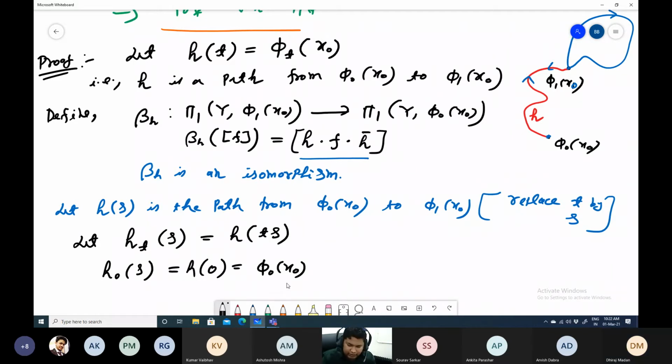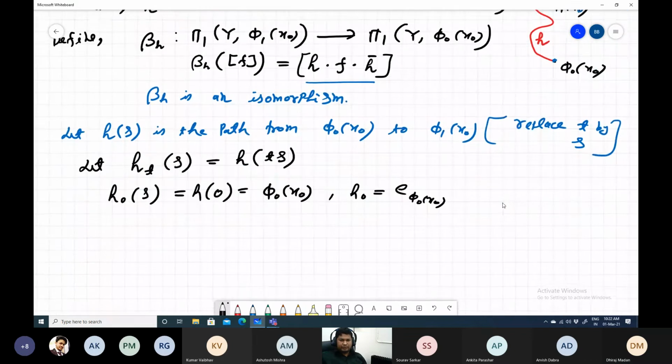That means h0 is equal to e phi 0 x0. I am asking about one point only. Yes, right. So it is a single point. If we write h0, that means we are writing in this symbol.